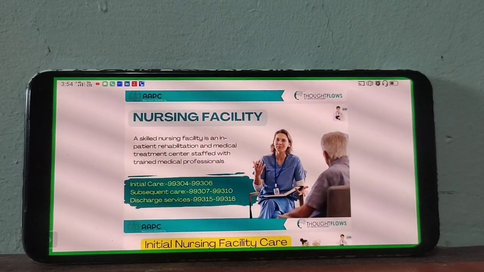Okay, so guys, as I told you already, we have to apply the code based on the place of service. Here the place of service is skilled nursing facility.